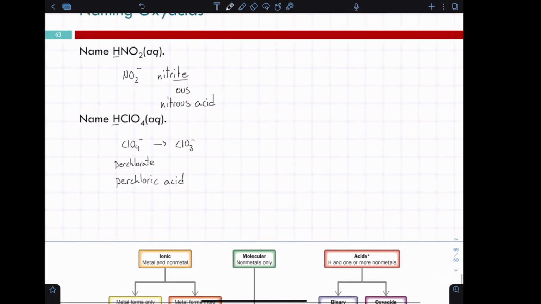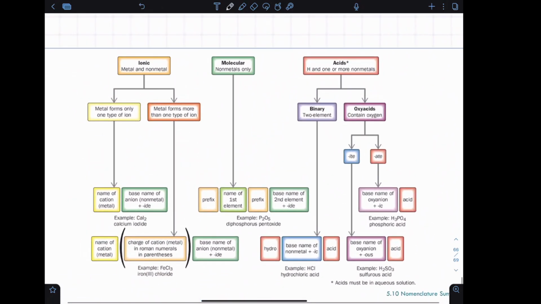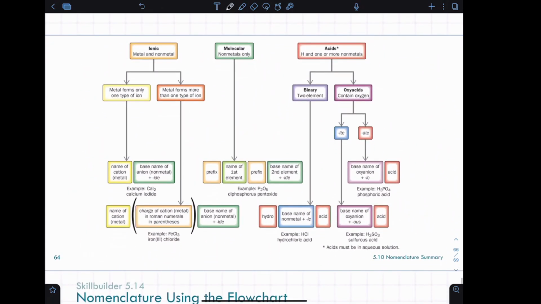All right, and so one of the most useful resources in the slides for naming things is this chart right here. Because it's a flow chart. This flow chart tells you, as long as you can identify what each of the things is, right?